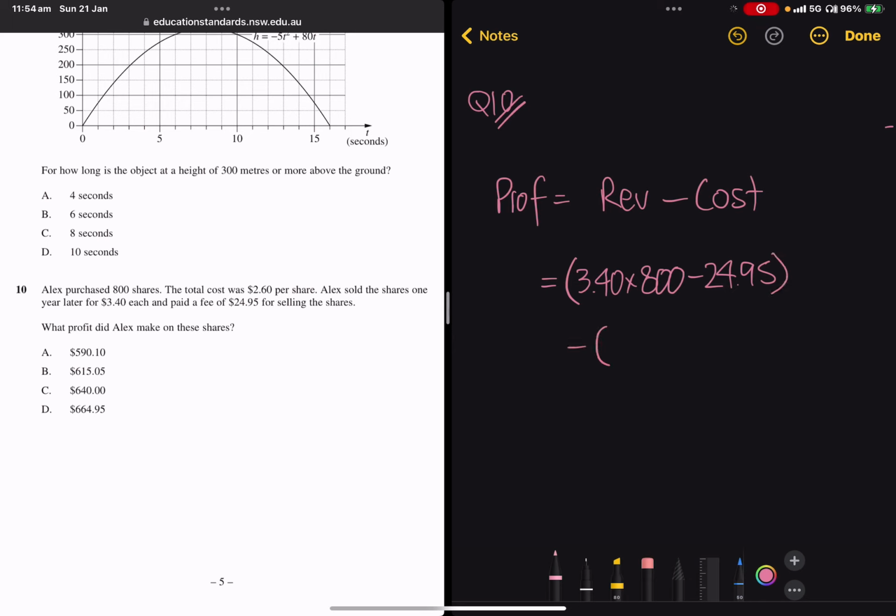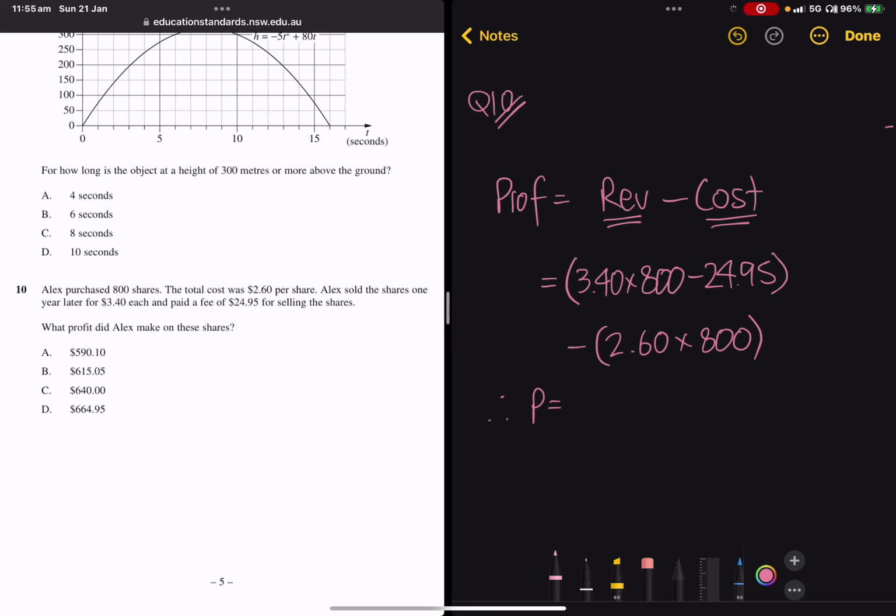And then we're going to subtract from this the cost, which is $2.60 times 800. And you could put the brokerage fee, the $24.95, into the cost part if you wanted. This is just the way I'm going to do this, because the revenue is all occurring at the same point, the cost is all occurring at the same point in this model. So this is convenient. It doesn't matter so long as you get the right answer.